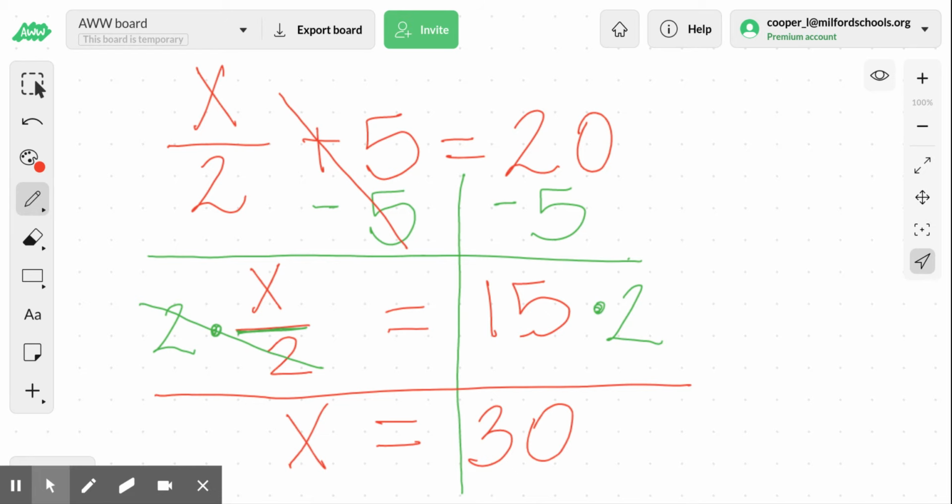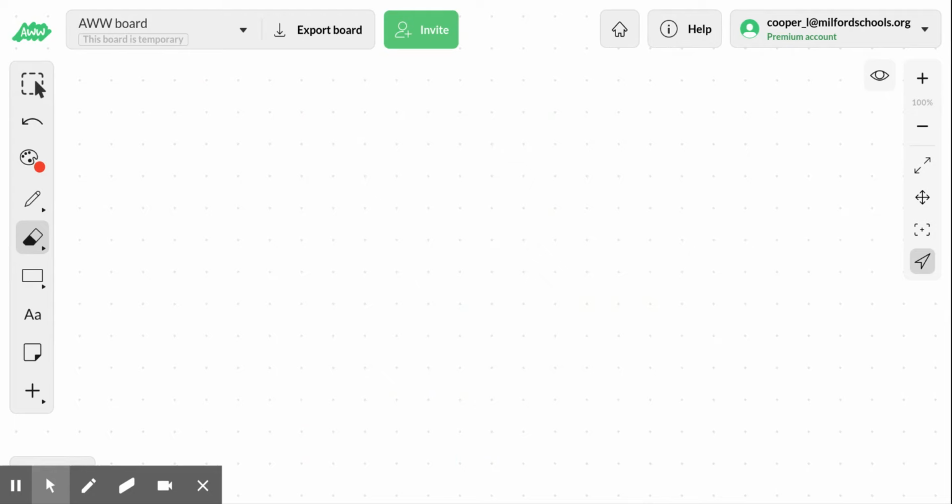The last one I'm going to show you looks a little different, and we solve it differently than we've seen before. So say I have x minus 3, and all of that is going to be over 4. And I'm going to set that equal to 10.